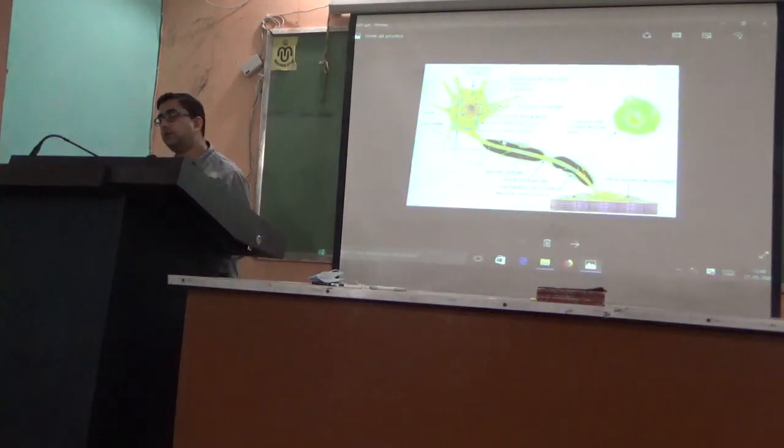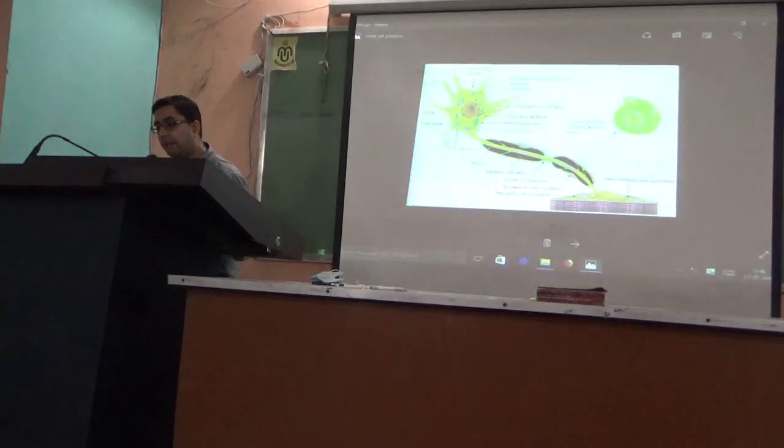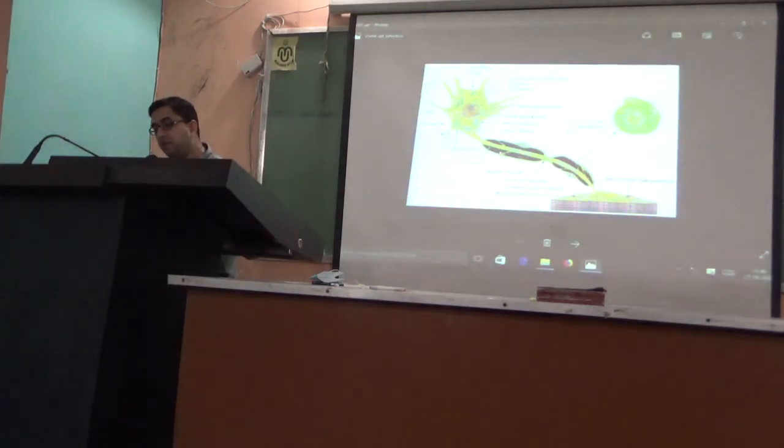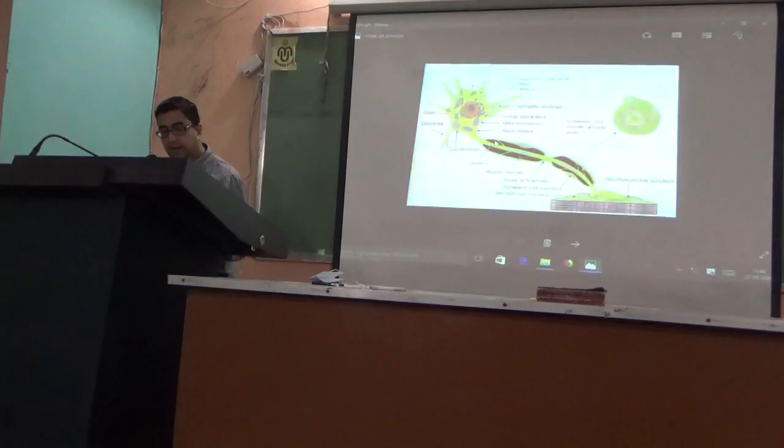So the axoplasm, that is the interior of the axon, does not have Nissl bodies, but it has neurofibrils, which are the cytoskeleton of the cell. So they have neurofibrils, vesicles, mitochondria, but no Nissl bodies.